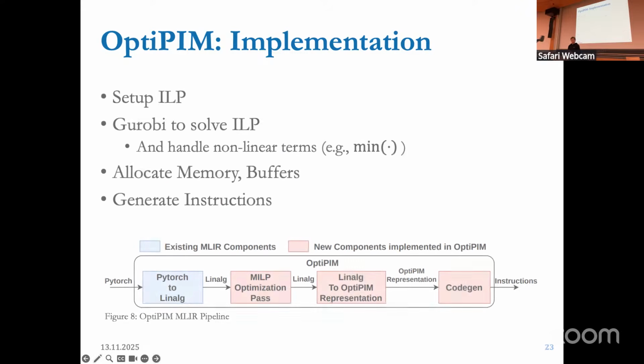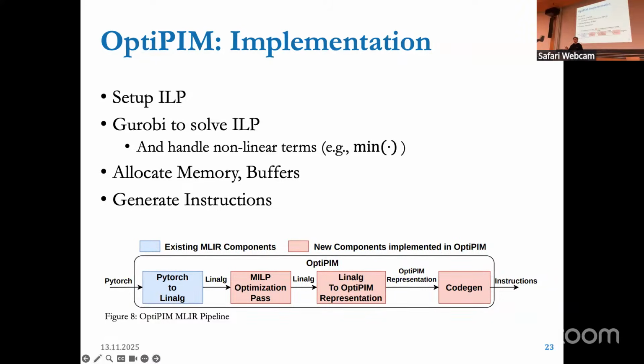And we use it at some stage in our pipeline. Once we have lowered our PyTorch input to the MLIR Linalg dialect, we do some calculations to optimize it. Then we use OptiPIM to generate the PIM mapping.